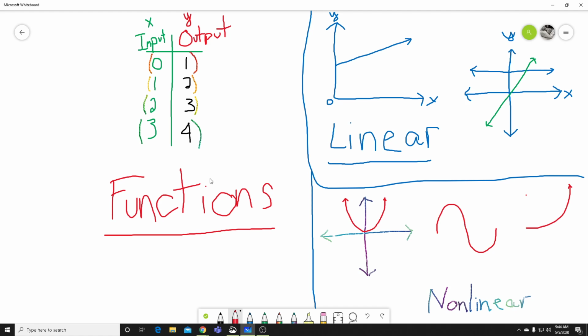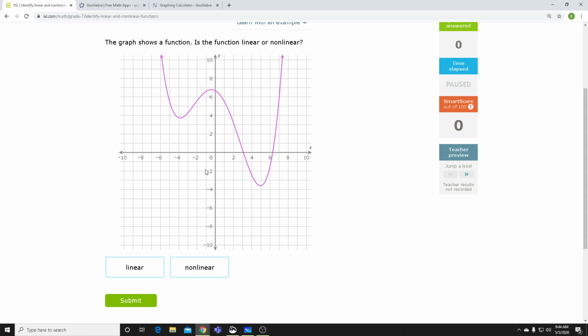There are many different types, and I'll actually show you in this video using the computer. It should be a little more clear then. So linear graphs are straight lines. Nonlinear graphs are curving. So let's take a look at some of these IXL questions, and then I'll show you what I was talking about.